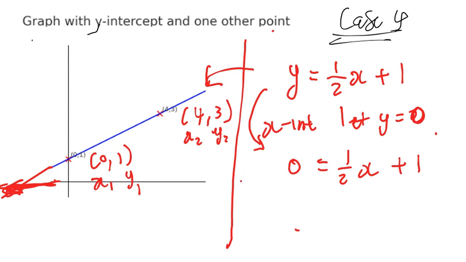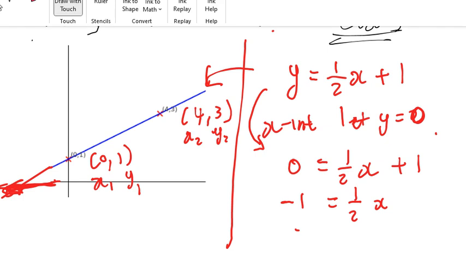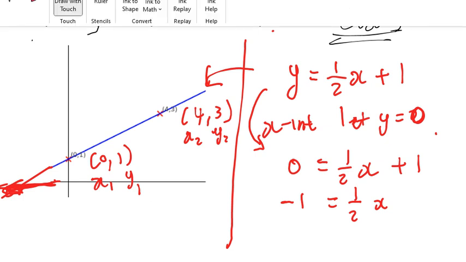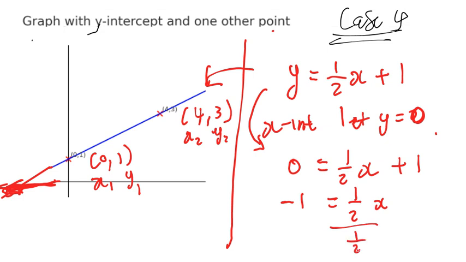What do you do after this? You solve for x. Take 1 to the other side. It's going to be negative 1. I'm going to do it the way that you usually like to do it. To solve for x, you like to divide by the coefficient, right? So I'm going to do that for you. Divide by the coefficient, 1 over 2 of x. 1 over 2 cancels this.